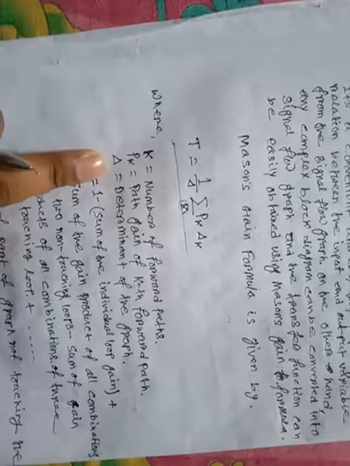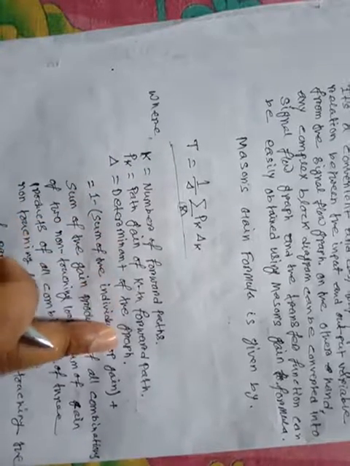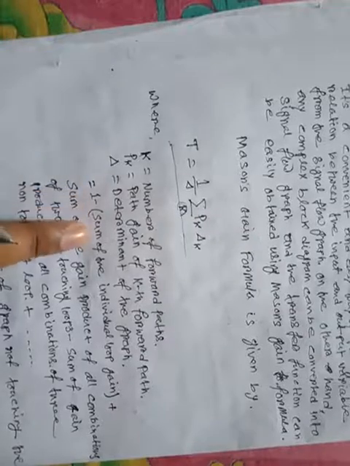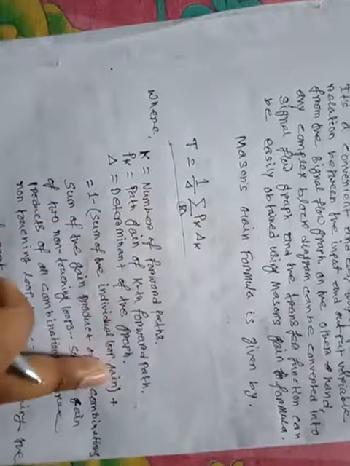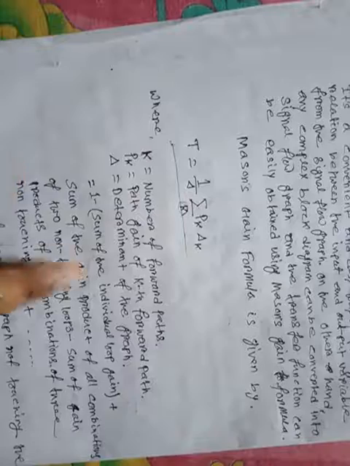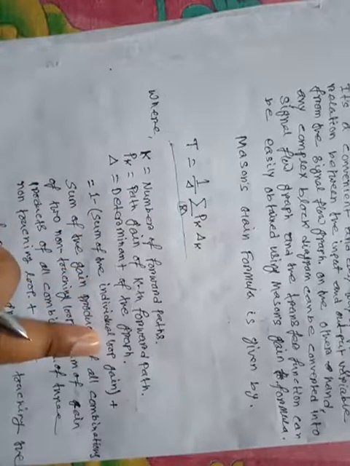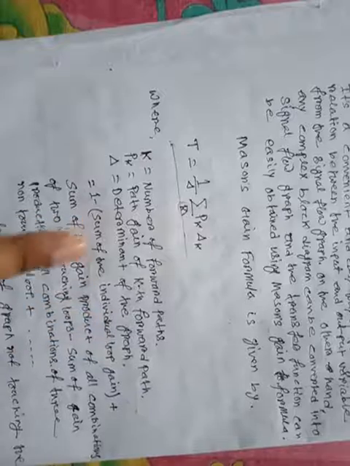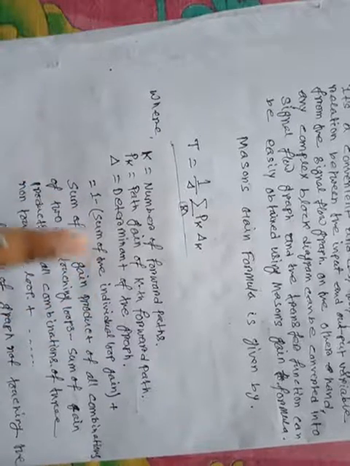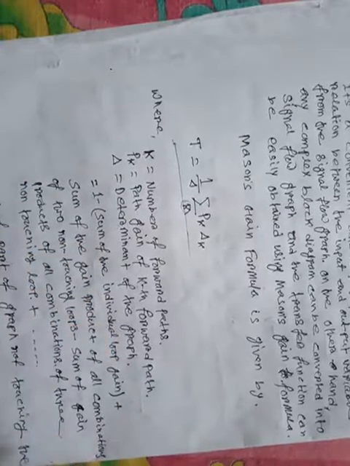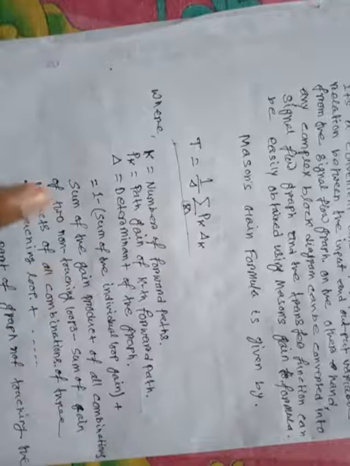The Mason-Gain formula: T is equal to 1 by del, summation of P suffix k into del suffix k, where del is equal to the determinant of the graph, equal to 1 minus the sum of the individual loop gains. Here we get the number of loops as 6. All the loop gains are summed.